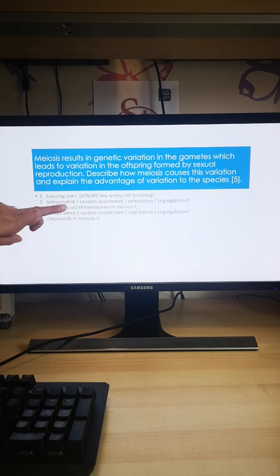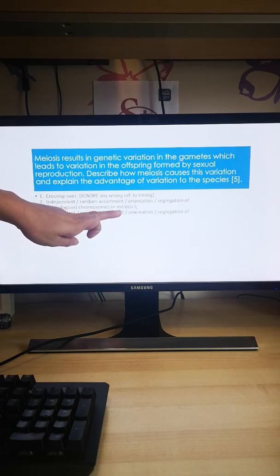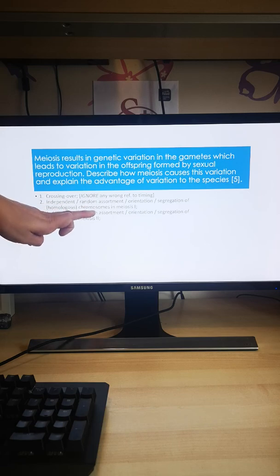Again, independent segregation described. Within the first division, so within meiosis 1, the homologous chromosomes align randomly on the equator in their pairs. Which side of the equator is random for each pair.